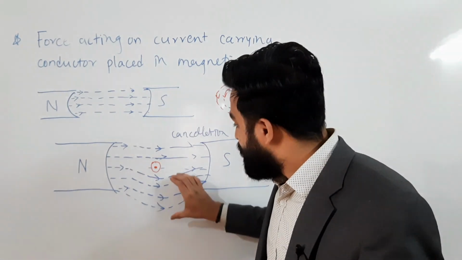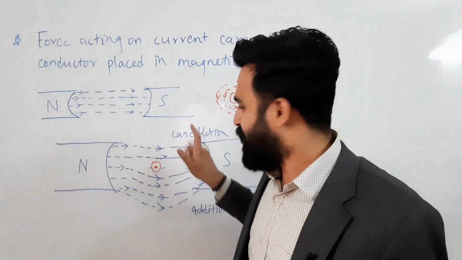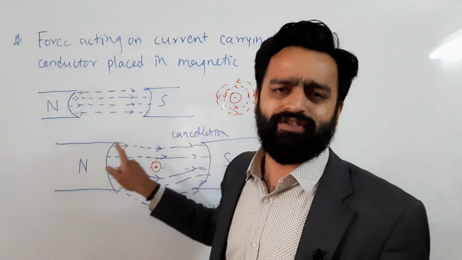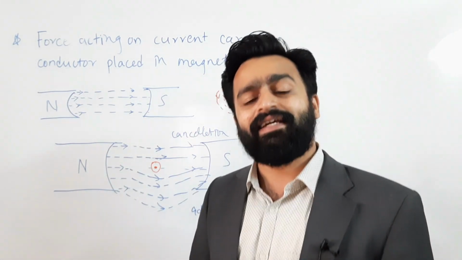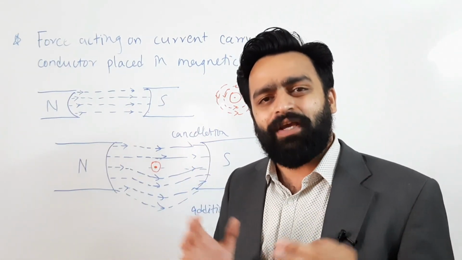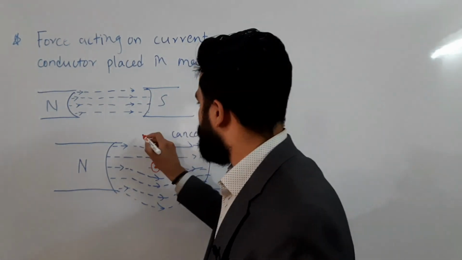So what will happen? They will come together and push the conductor upwards, because here there is a very small number of lines of force. These magnetic lines of force try to contract in length, and they act like an elastic band, so they will push the conductor upwards. So your conductor will move in this direction.